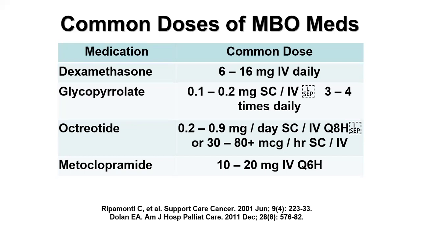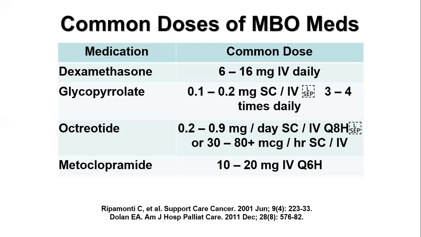Then the common doses that we use. So anti-inflammatory, dexamethasone, usually you give in the dose of 6 to 16, or you can go up to 24 milligrams IV daily. We generally use hyoscine instead of glycopyrrolate. So glycopyrrolate is 0.1 to 0.2 milligrams subcut or IV 3 to 4 times a day.